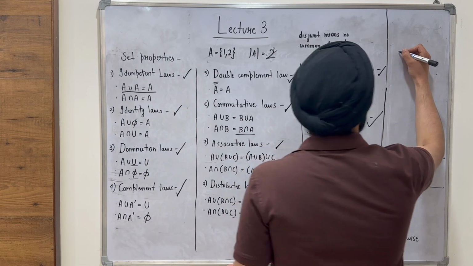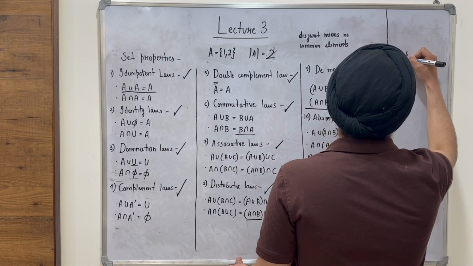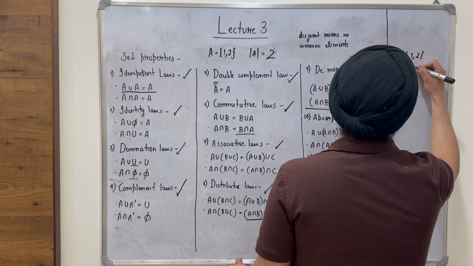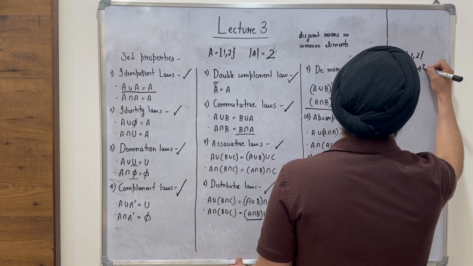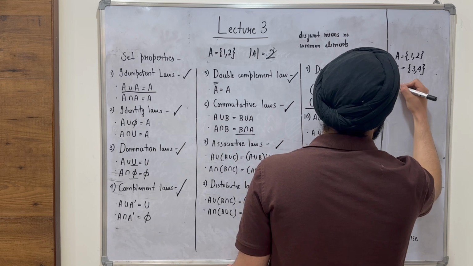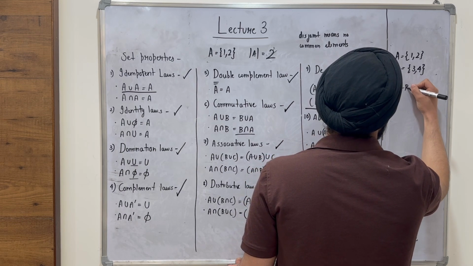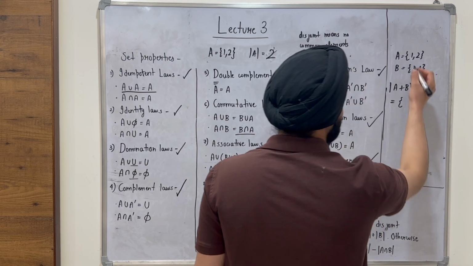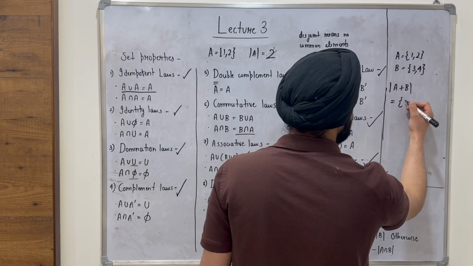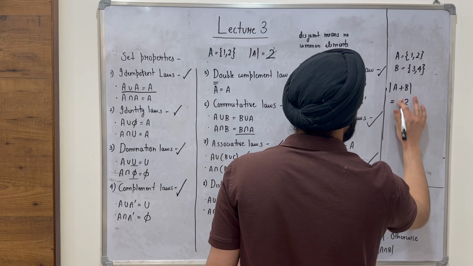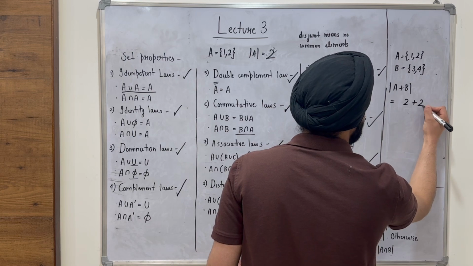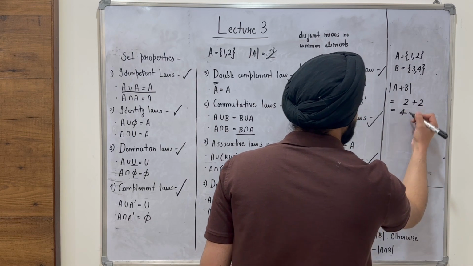Let's say I have A equals {1, 2} and I have B equals {3, 4}. If I need to find the cardinality of A union B, then think about it, A has 1 and 2, 2 distinct elements, plus B has other 2 distinct elements, 2 once again, which is going to be 4.